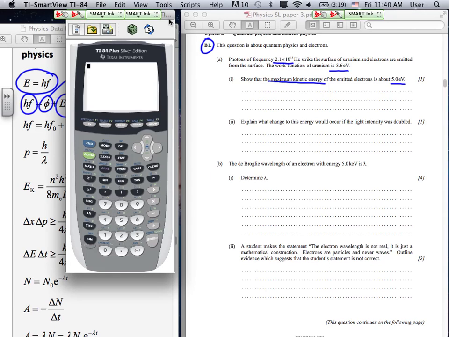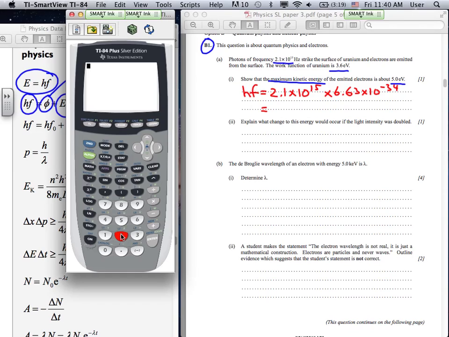We're going to have hf equal to 2.1 times 10 to the 15 times 6.63 times 10 to the negative 34. That's going to give us our hf, so let's just calculate that.